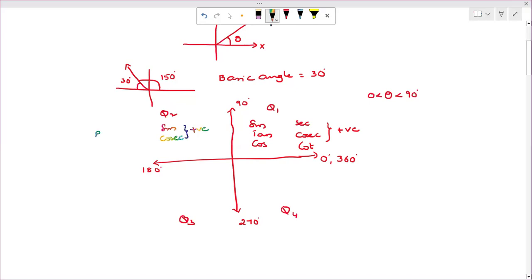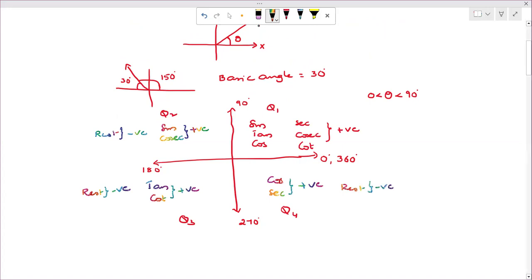The rest values are negative. It means the rest of the ratios will be tan, cos, sec, and cot. And here, tan and cot will be positive. The rest ratios will be negative. Here cos and secant will be positive. The rest of the values will be negative.